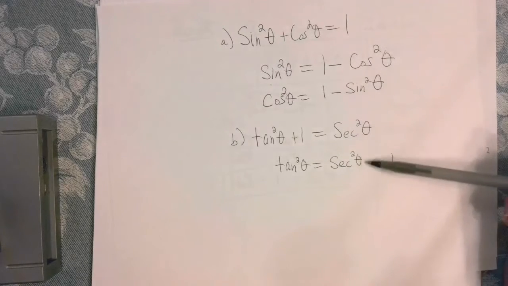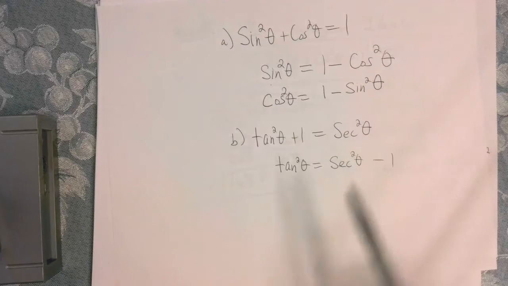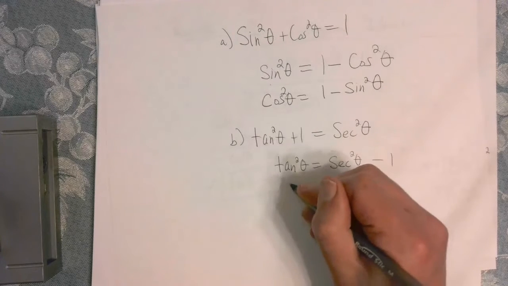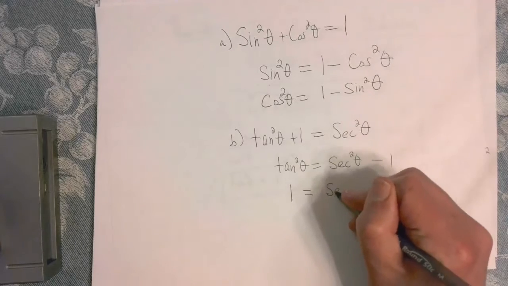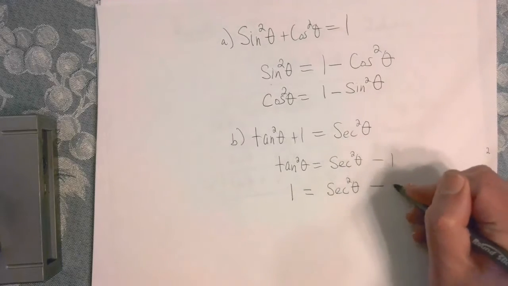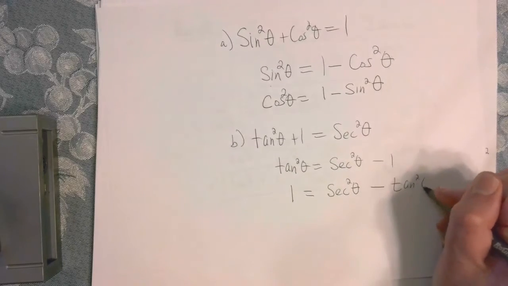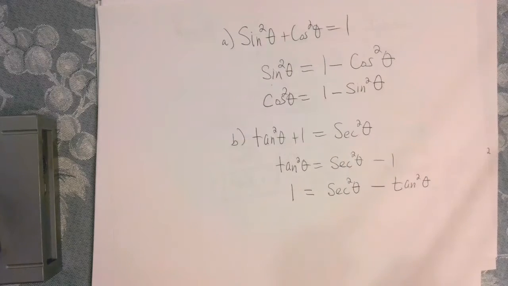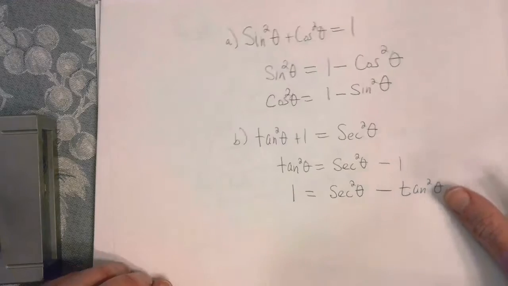So you want to be careful here because the order does matter. And so we have it in this order. We could also solve algebraically for 1, right? So 1 must be equal to secant squared of theta minus tangent squared of theta. So we get another buy one, get two free. Okay, so we'll need those.